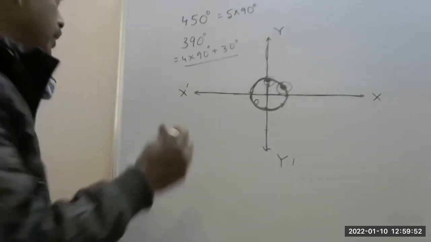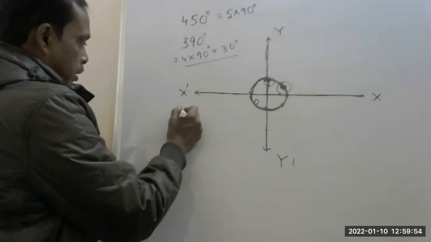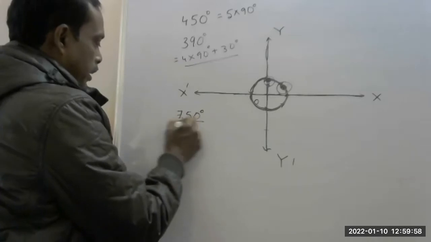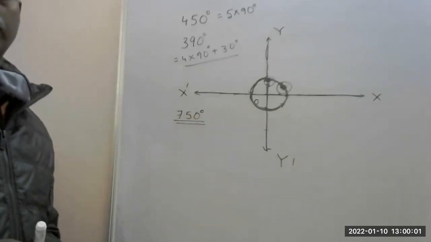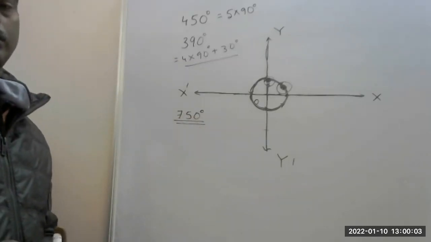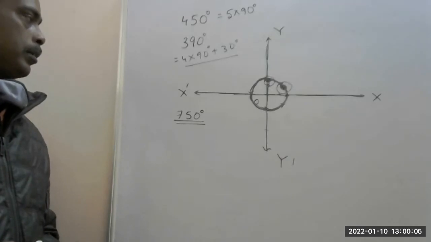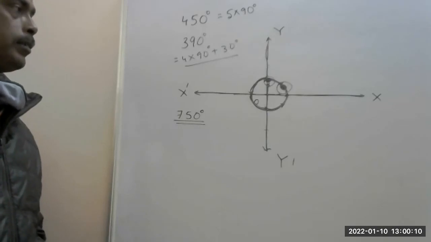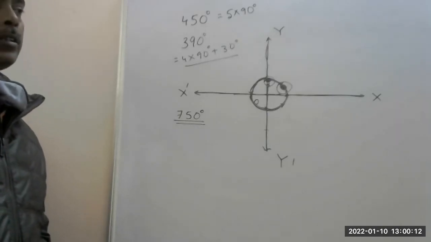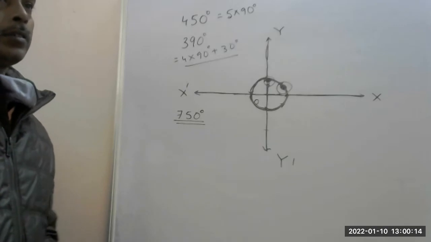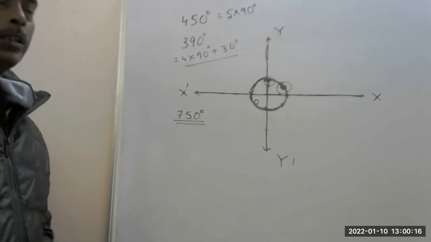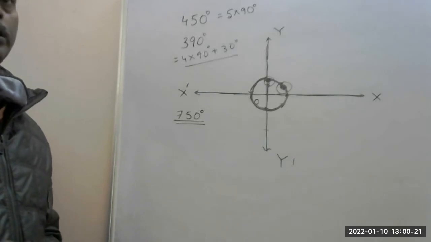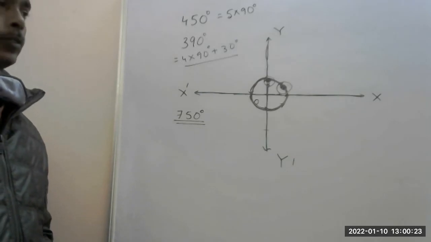Now tell me, the angle 750 degrees is situated in which quadrant?